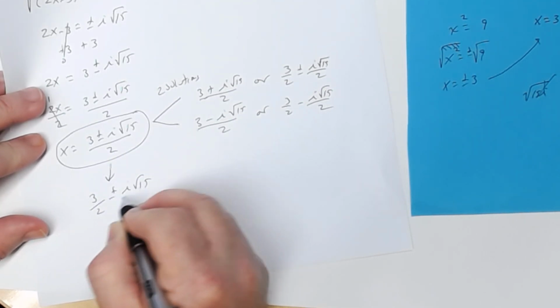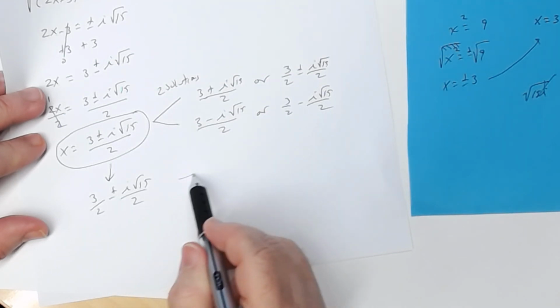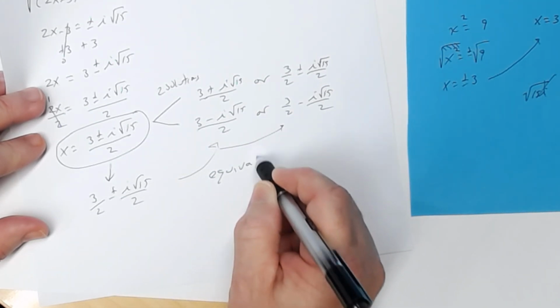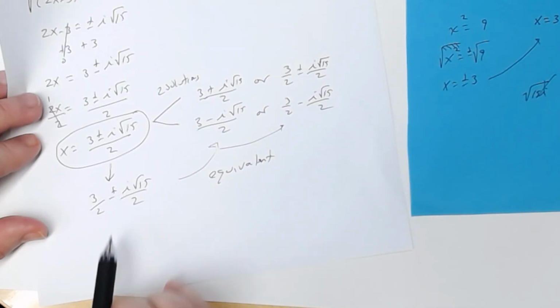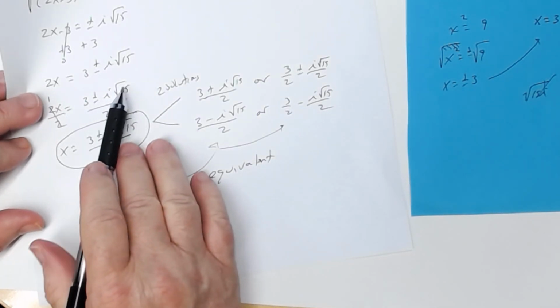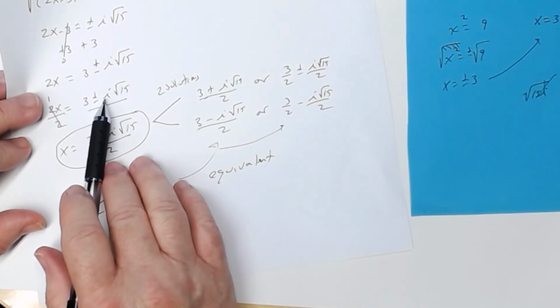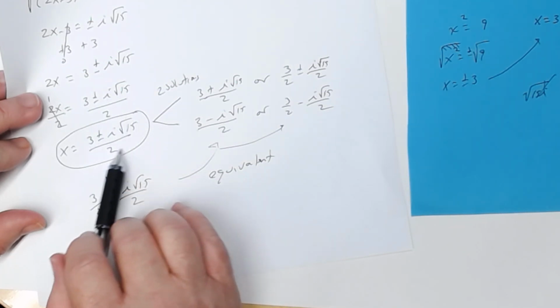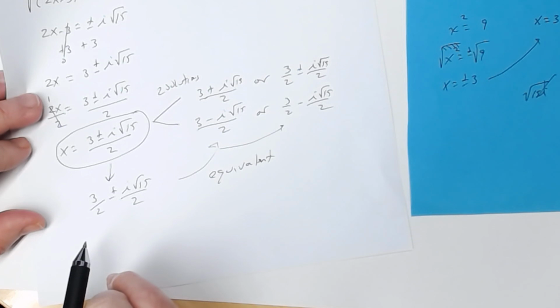All of these are equivalent. But most students, when the solutions involve imaginary numbers, will write it in this compact form, if you want to call it that.